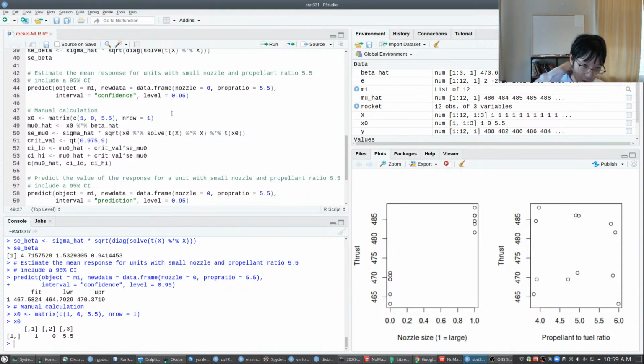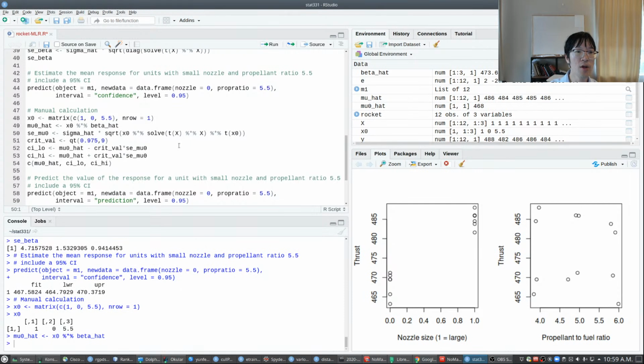The estimate for the mean we call mu 0 hat. We need to do x0 times beta hat, and its standard error again uses the formula: sigma hat times the square root of x0 times (X transpose X) inverse, times x0 transpose.